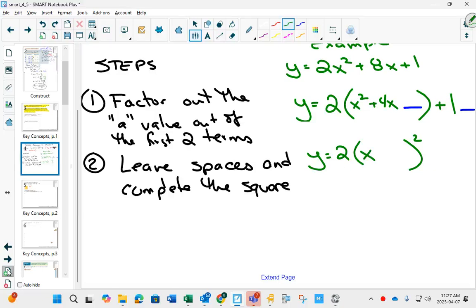That has to be an x. And if you FOILed something out, if you distributed everything, and you got a plus 4x, this has to be a plus 2. And you might remember the shortcut, the pattern that always happens is that number is always half of that number.